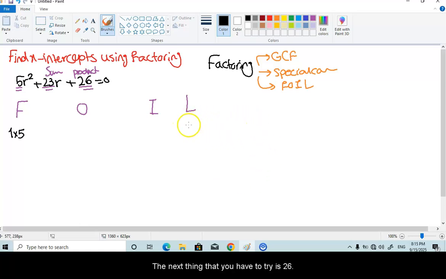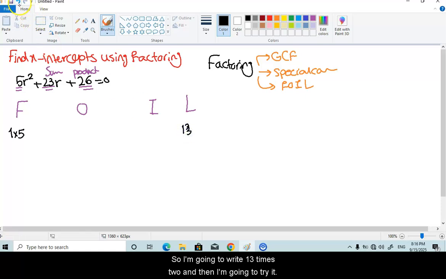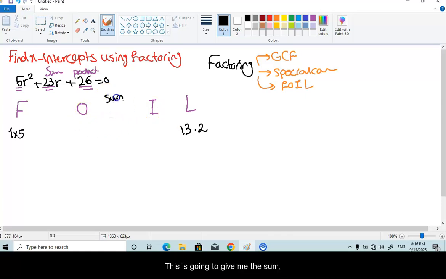The next thing that you have to try is 26. How do I make 26? The first thing that may come to your mind is 13 times 2. So they should both be positive. So I'm going to write 13 times 2, and then I'm going to try it. This is going to give me the sum, the outer plus inner part. Outer terms are the terms that are the furthest from each other.